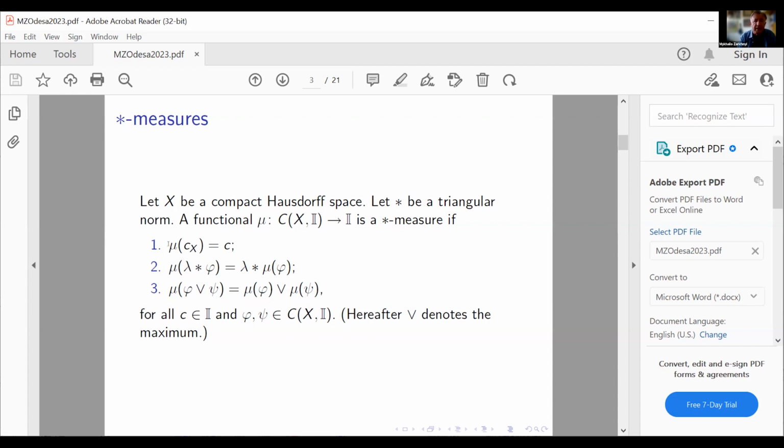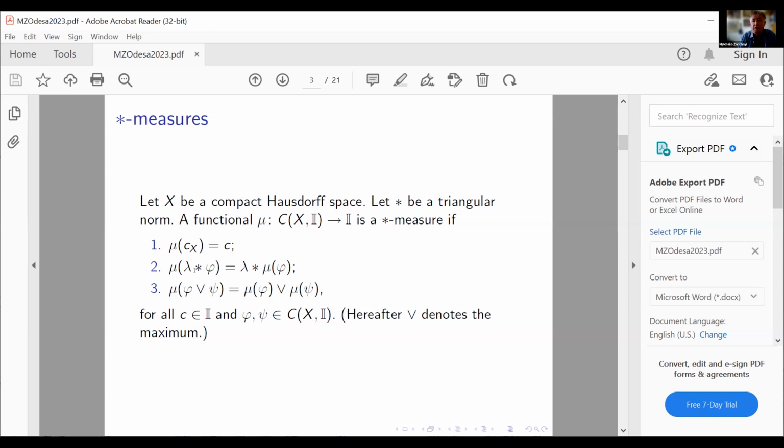First of all, this functional preserves the constants, namely its value on the constant function with value c is equal to c for every c in the unit segment [0, 1].